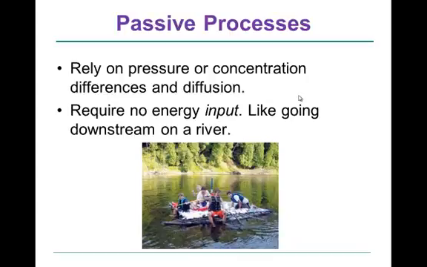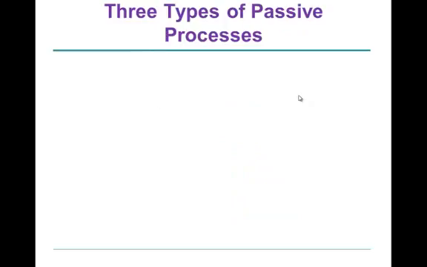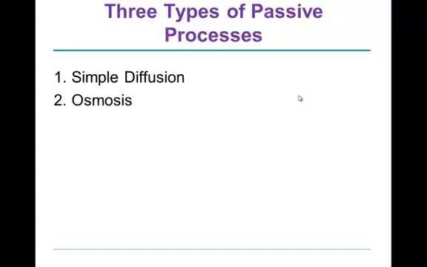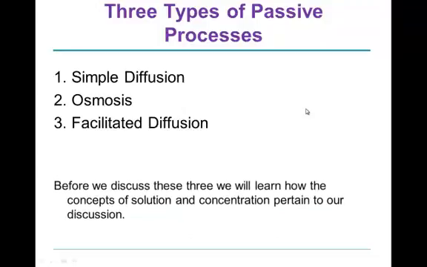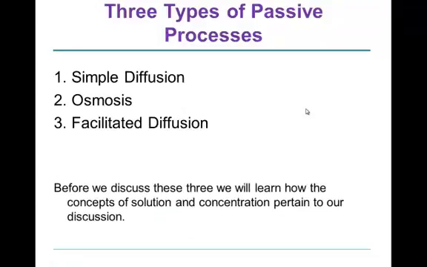We are going to study three different types of passive processes: simple diffusion, osmosis, and facilitated diffusion. This module is about simple diffusion. Before we go on and discuss simple diffusion, we want to learn about some terminology, some concepts that are important that underlie that idea.